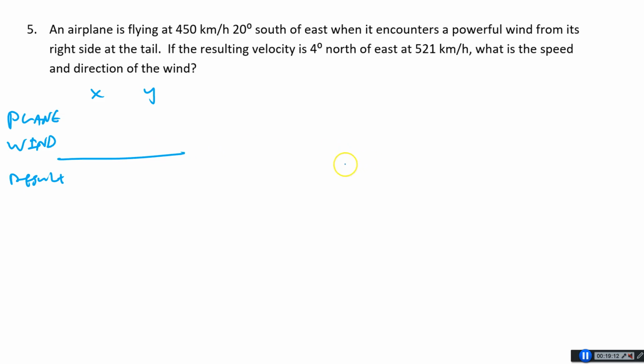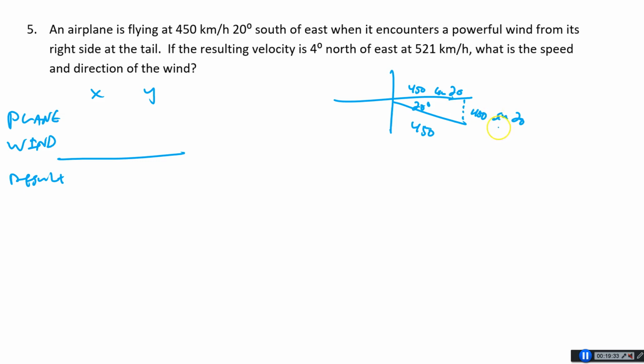Okay. So the plane is flying 450, 20 degrees south of east. So south of east looks something like this. That's 20 degrees, cozy up to the x-axis. Perfect. This is 450. So we're going to have 450 sine 20 and 450 cosine 20.